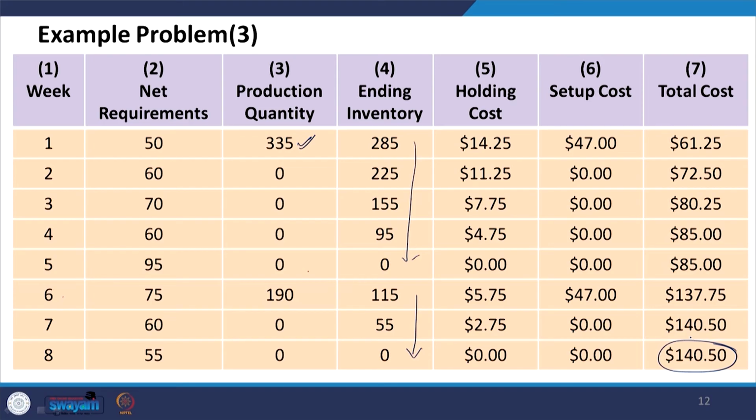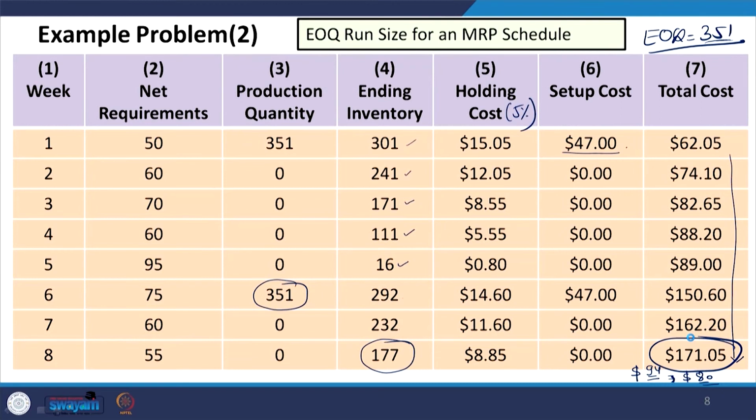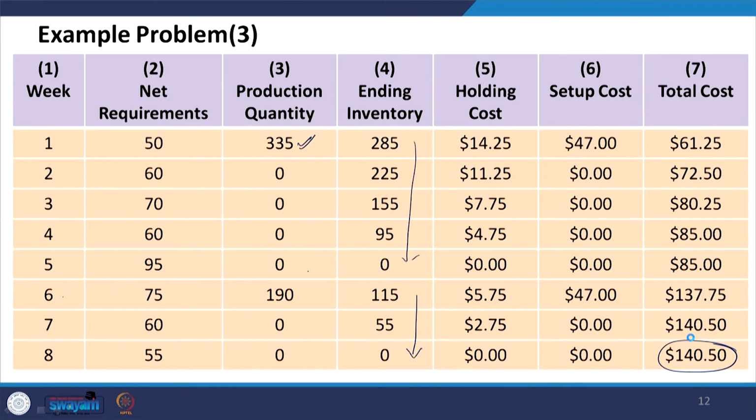Earlier, when we were using the economic order quantity method, our cost was coming 171. Now, by using this dynamic method, our cost has further reduced to $140.